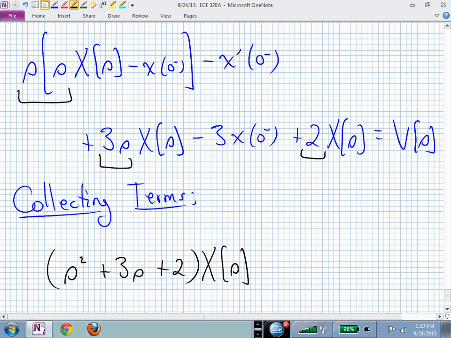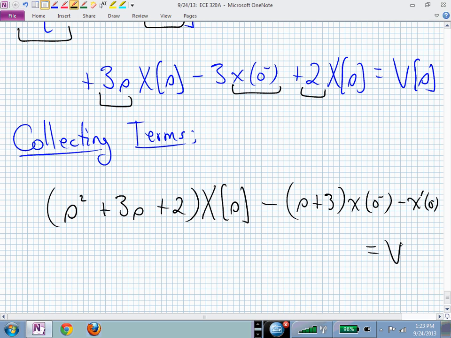And then I need to make sure I'm keeping track of my initial conditions. I have an x naught and an x naught there, but the first one is scaled by an s, so I have a minus s, and I have a minus 3. And finally, I have the derivative of x's initial value at 0 minus, which is minus x prime of 0 minus. And all of that is equal to capital V of s.